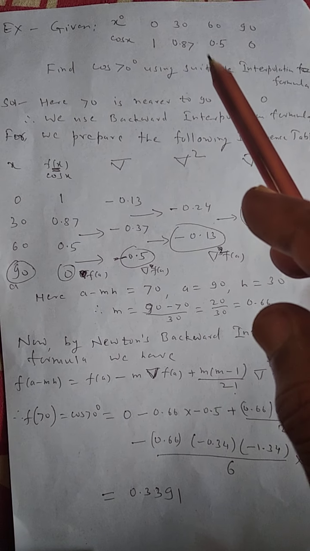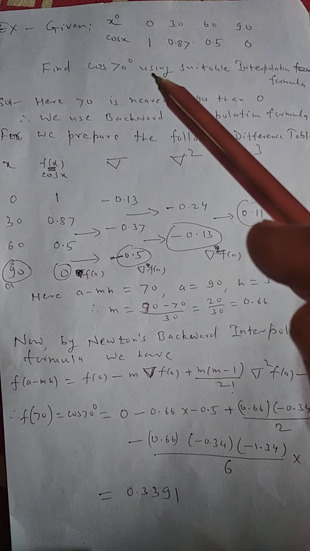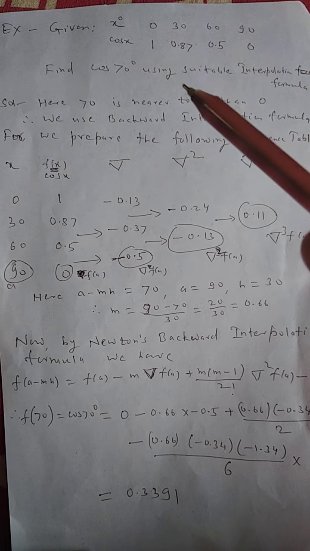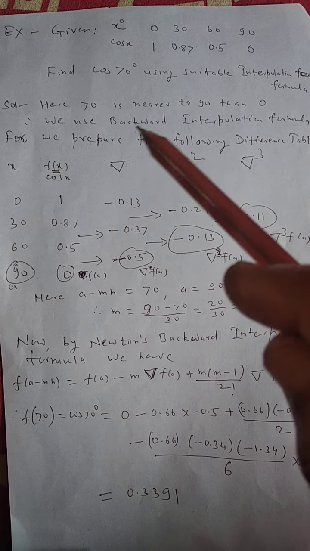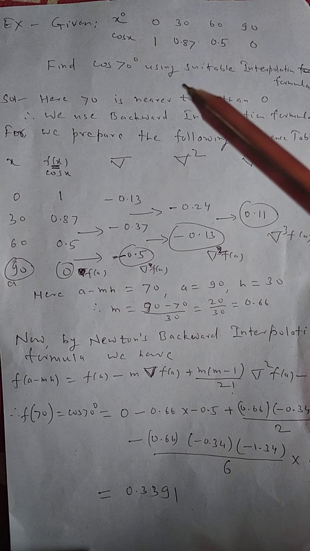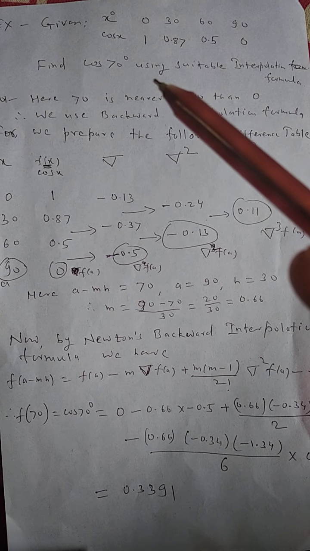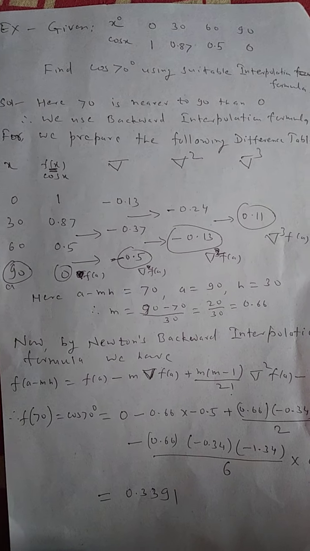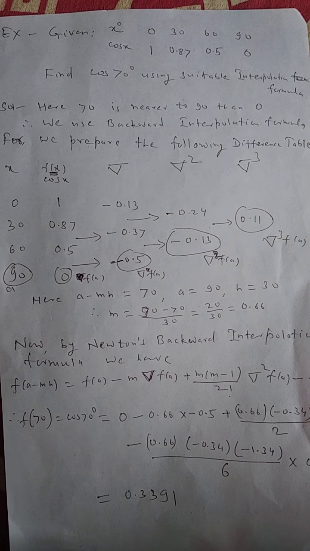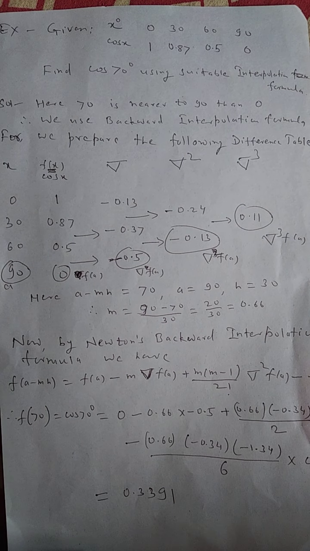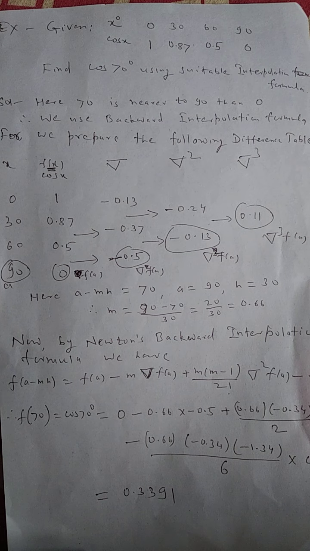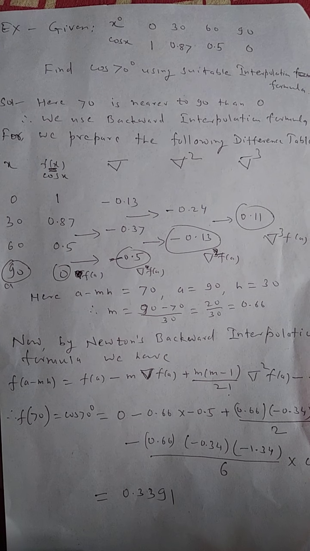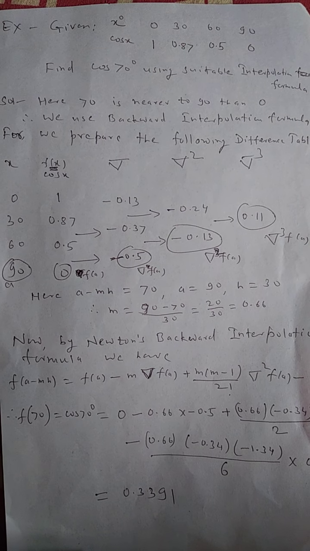If in the example itself it is given to use Newton's backward formula, then there is no option and no need to write all these things. If the question is of the nature using suitable interpolation formula, it means the choice is yours, but while selecting you have to keep in mind whether the required argument is nearer to the first argument or nearer to the last argument.